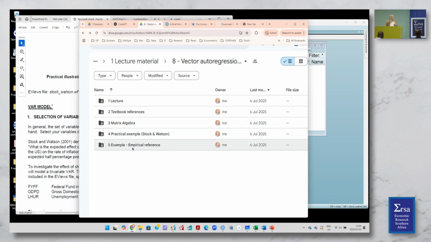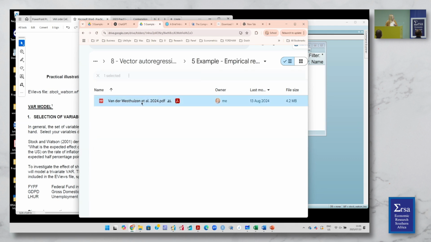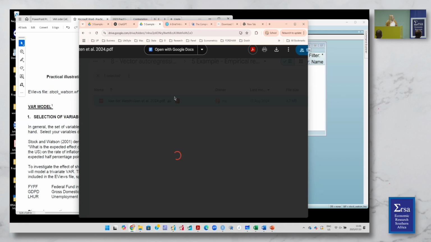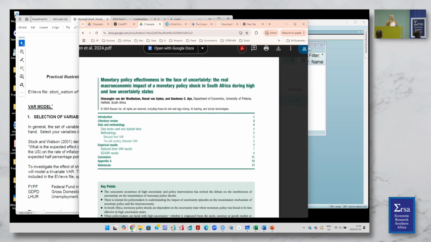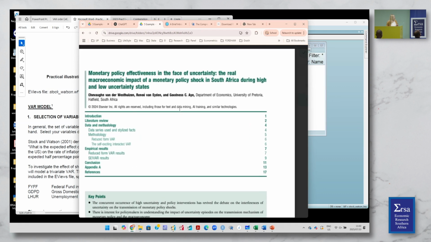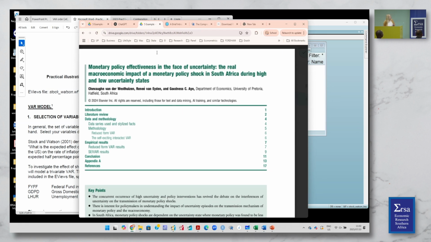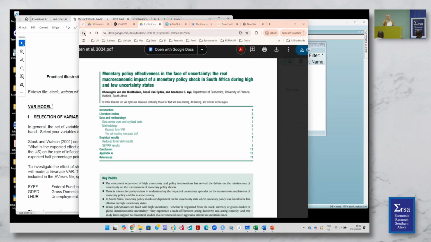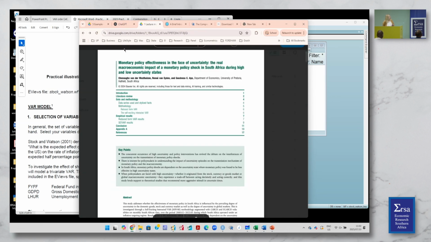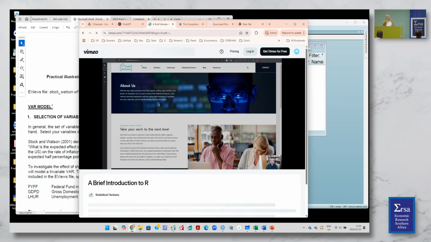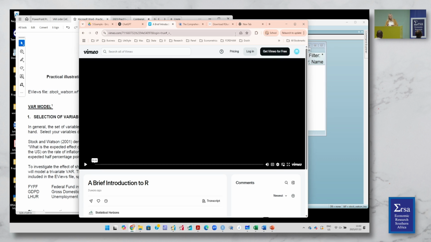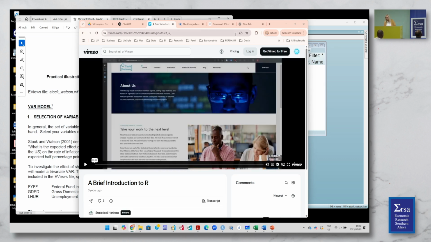And then there's another example here, the paper published last year. So we will look at that as well as the Stock and Watson paper. We will replicate what is done there. Oh, now I've closed my drive.